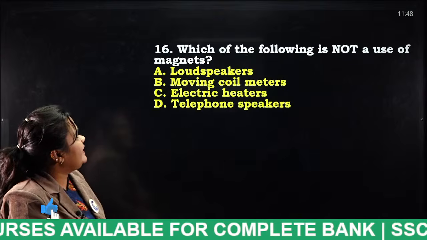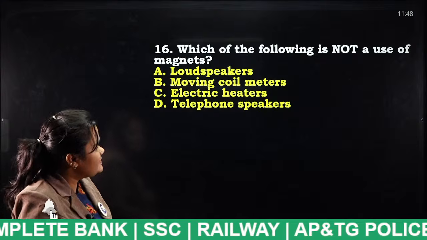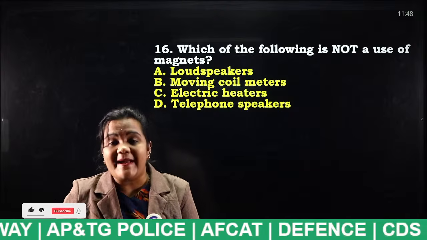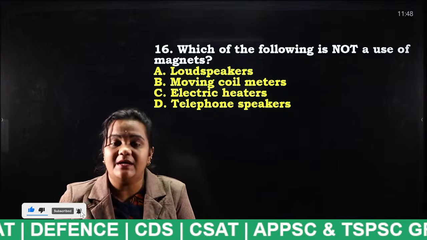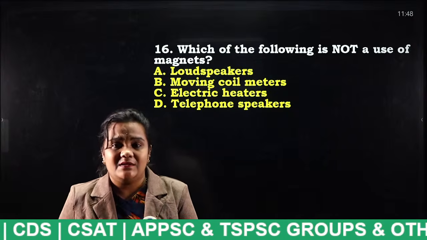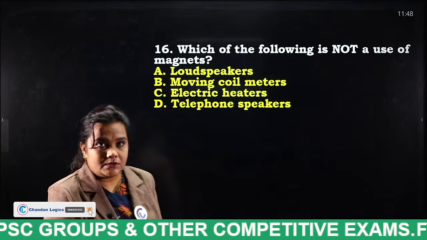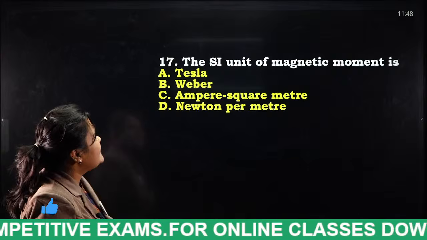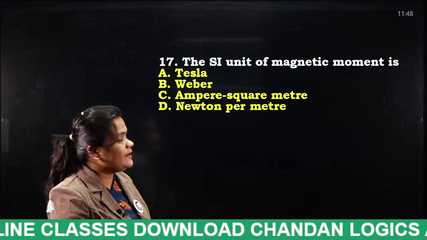Which of the following is not a use of magnet? Loudspeaker, moving coil meters, electric heaters, telephone speakers. We use magnets in loudspeakers, telephone speakers, or even to prepare another magnet, but it is not used in electric heaters.